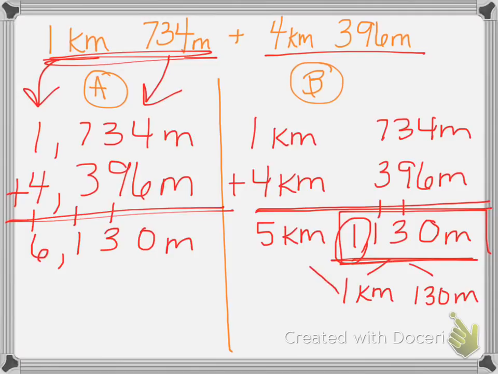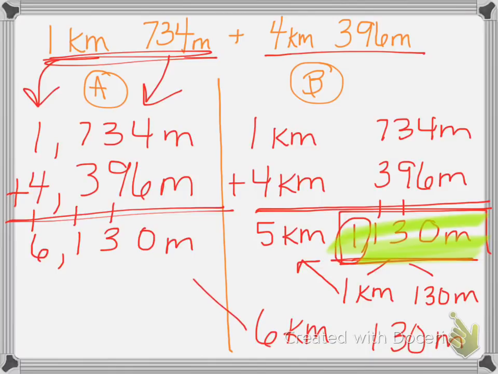We're going to go ahead and add that kilometer to 5 kilometers. 5 plus 1 equals 6 kilometers, 130 meters. So if you end up having something in the thousands place in your meters, you know that you can take those thousands and convert them to kilometers. So we got 6 kilometers, 130 meters, and that is the same as the answer we got over here.